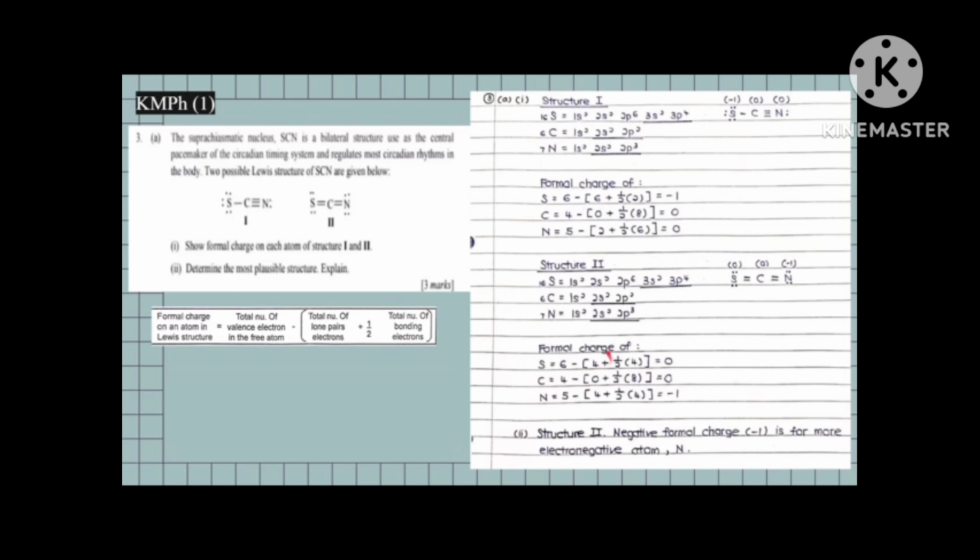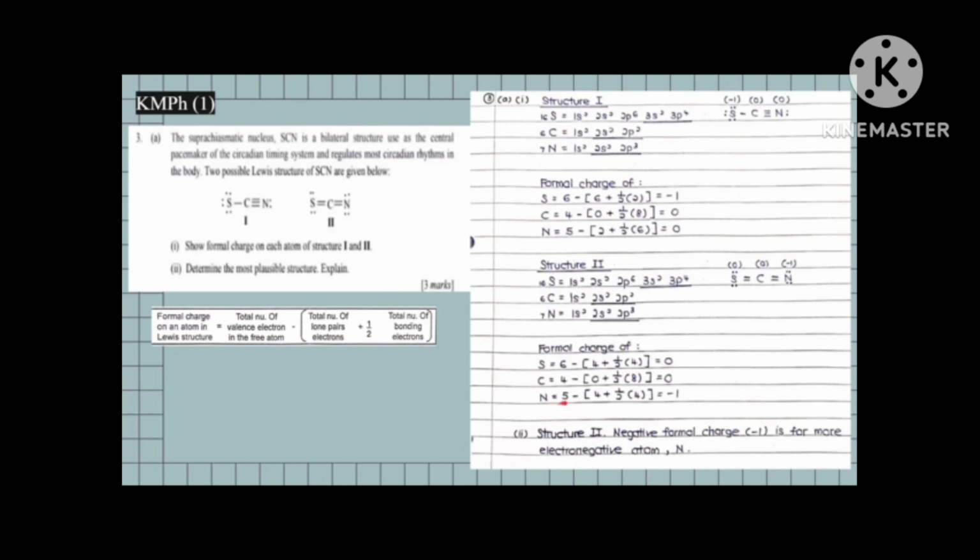For carbon, there are 4 valence electrons minus, in bracket, there are 0 lone pair electrons, plus 1/2 of bonding pair electrons, 1, 2, 3, 4, 5, 6, 7, 8, equals 0.